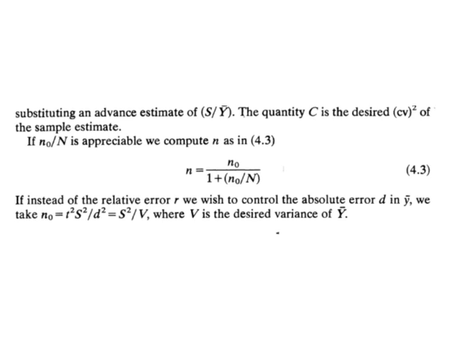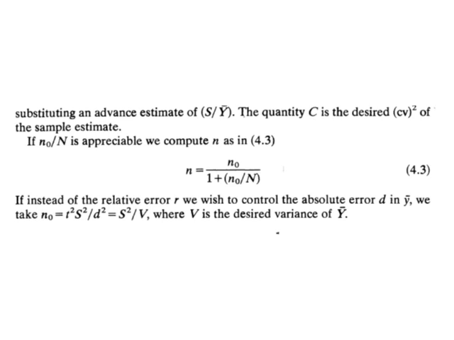The quantity C is the desired CV² of the sample estimate. If n0/N is applicable, we compute n as in 4.3: n = n0/(1 + n0/N).